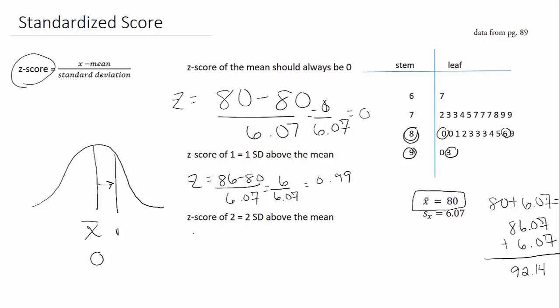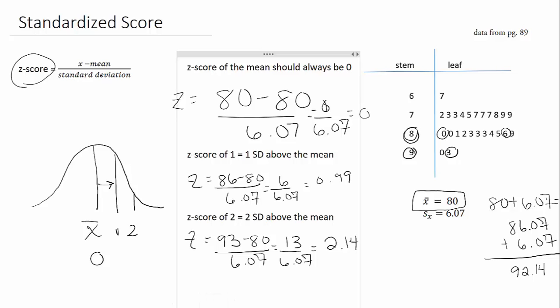So my z-score should work out to about 2 when I do 93, the observation, minus the mean over the standard deviation. I think this is actually in your formula sheet written out pretty clearly. I did this in advance, and it worked out to about 2.14. So this would be a z-score of about 2 standard deviations above the mean.